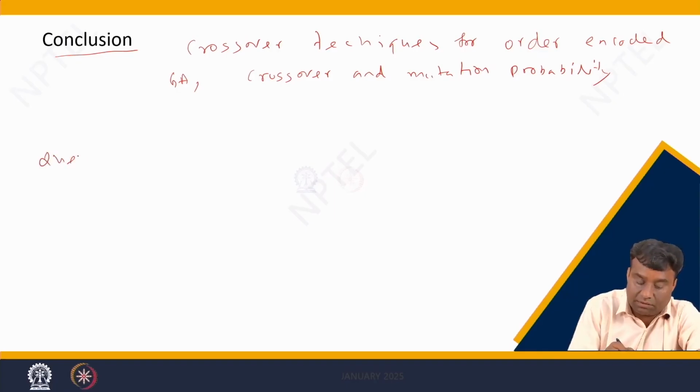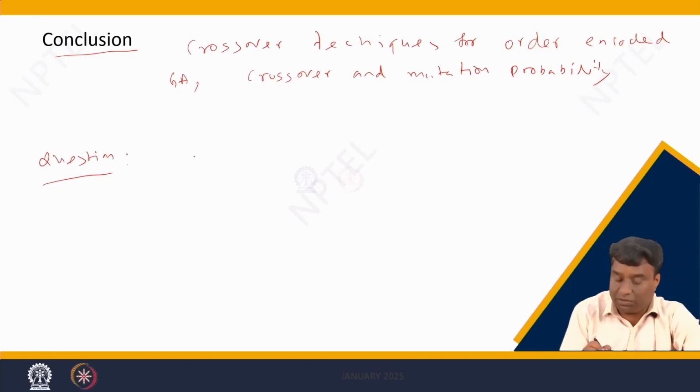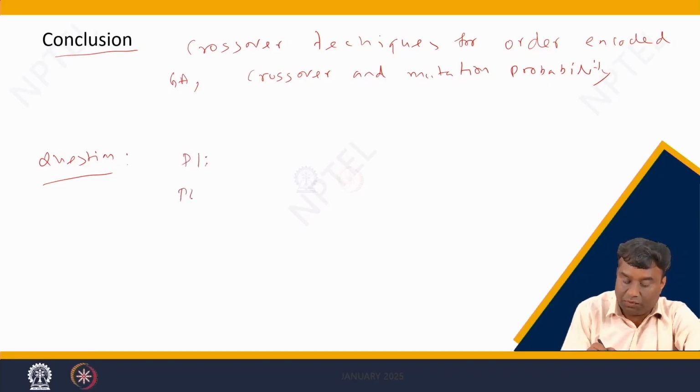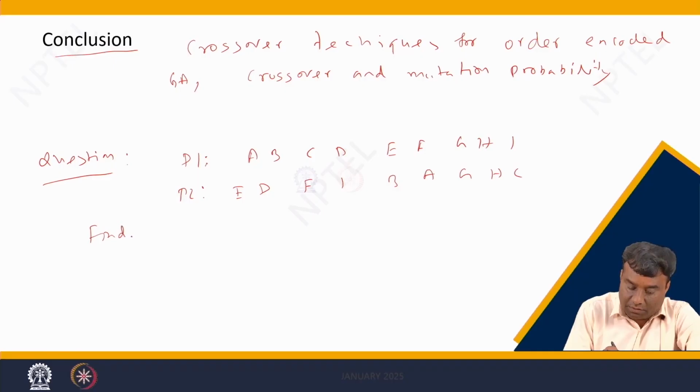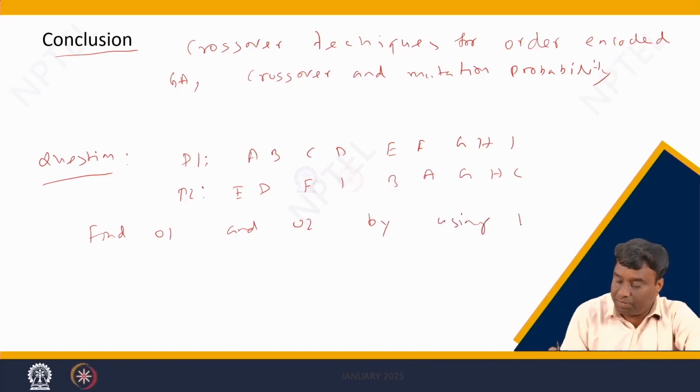So the question is that, suppose we have P1 as A, B, C, D, E, F, G, H, I. P2 is E, D, F, I, B, A, G, H, C. Find offspring 1 and offspring 2 by using partial mapped crossover.